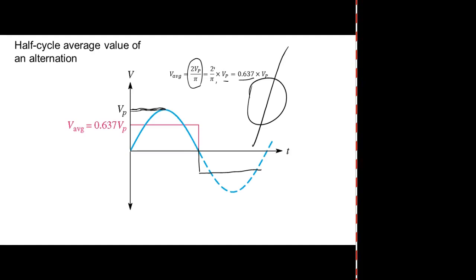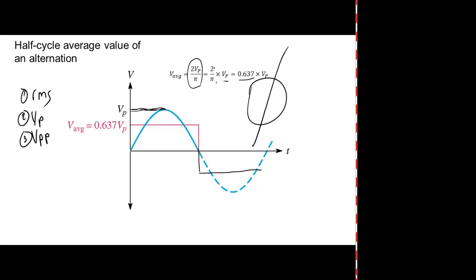So we give AC values three different ways. We give them as RMS, and we give them as V peak, or as V peak-to-peak. That's the way we give AC values. We don't use average, we use what we call effective.